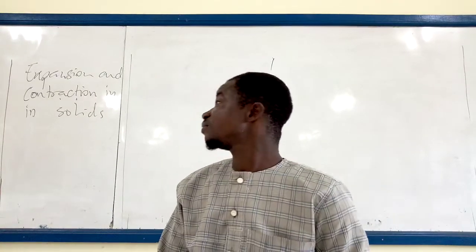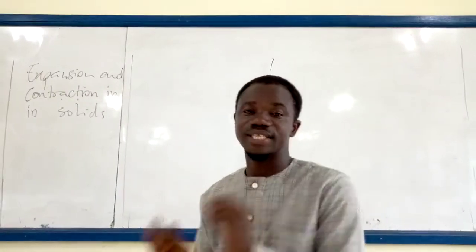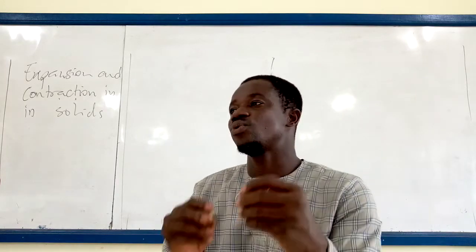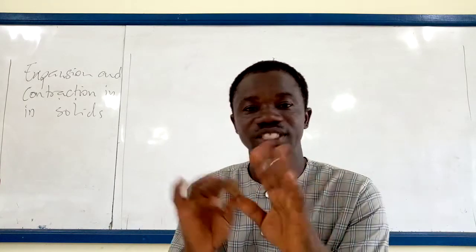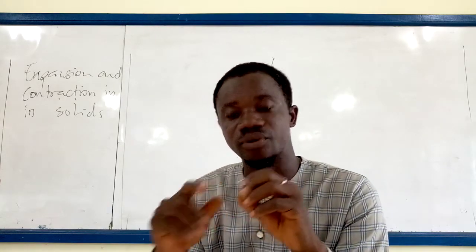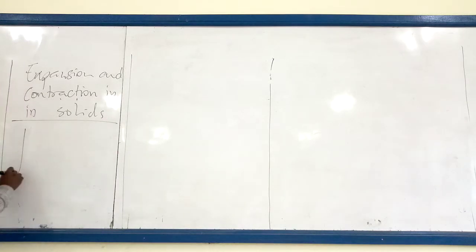Let's continue. So today we are looking at thermal expansion and contraction in solids. Solids generally expand when they are heated and contract when they are cooled. Because of that, if we sketch a graph of volume versus temperature for solids, we get something like this.